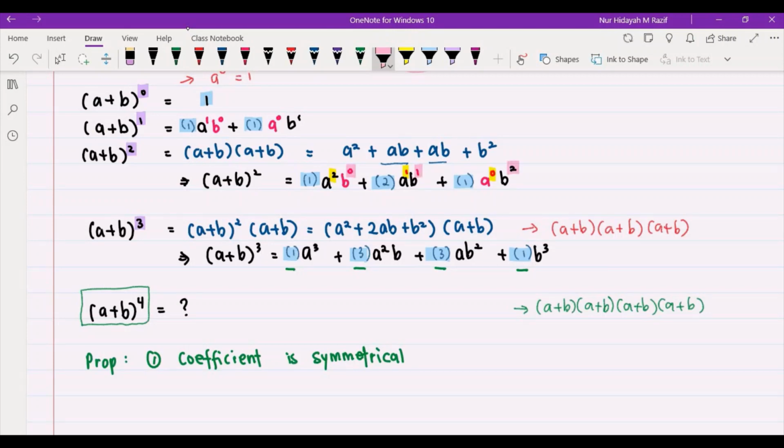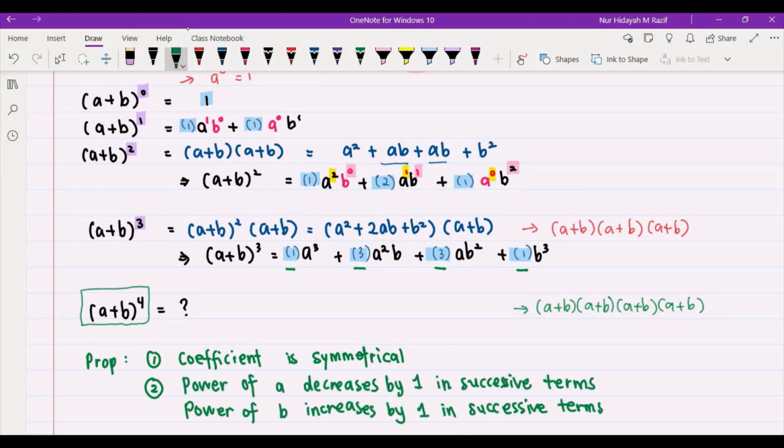You can also observe this for (a + b) cubed, but I'm not going to do that in this video. So the second property is that the power of a decreases by 1 in the successive terms, but the power of b increases by 1 in the successive terms. That is the second one.